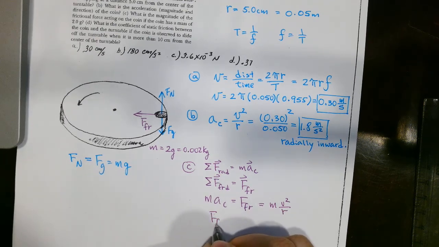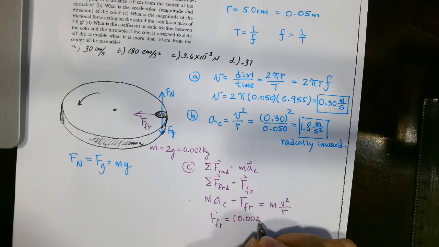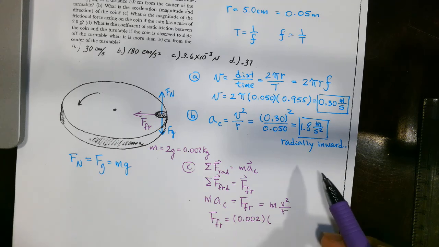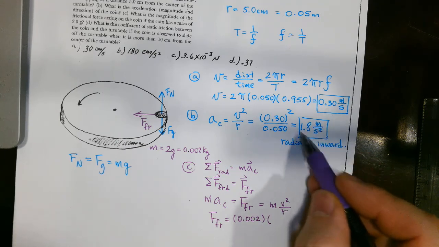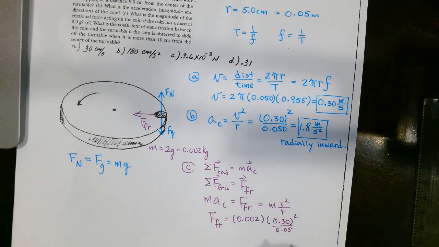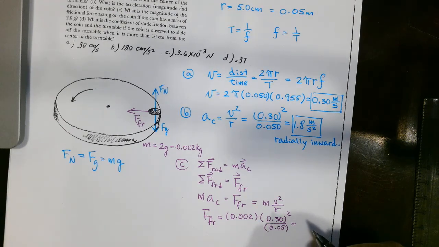So my frictional force has a magnitude of 0.002 kilograms times, now you can use v here, or you could just multiply by this a and you get the same answer. So 0.3 squared over r, which is 0.05. So if you work that out, I think you'll get, what do you get?